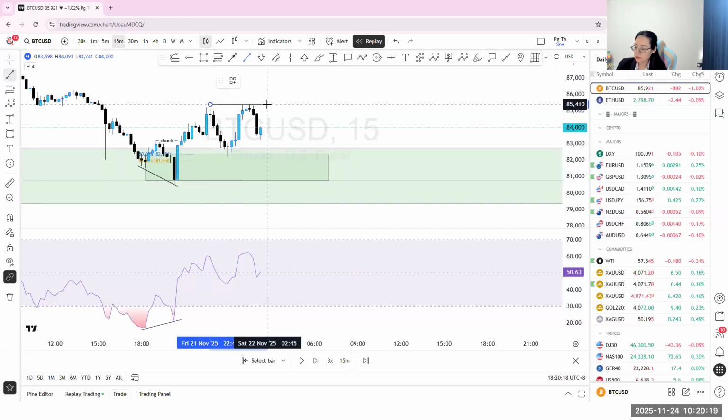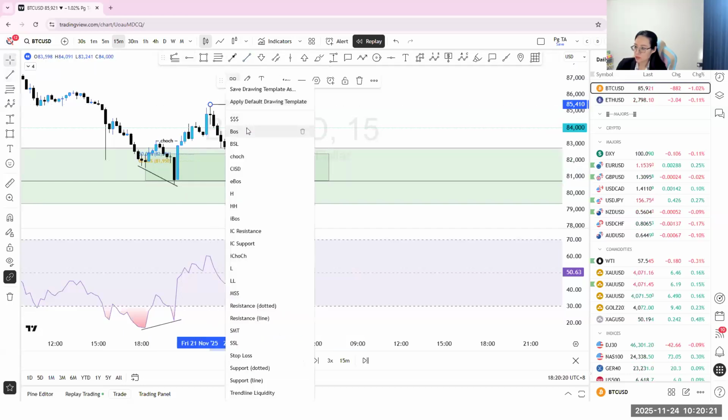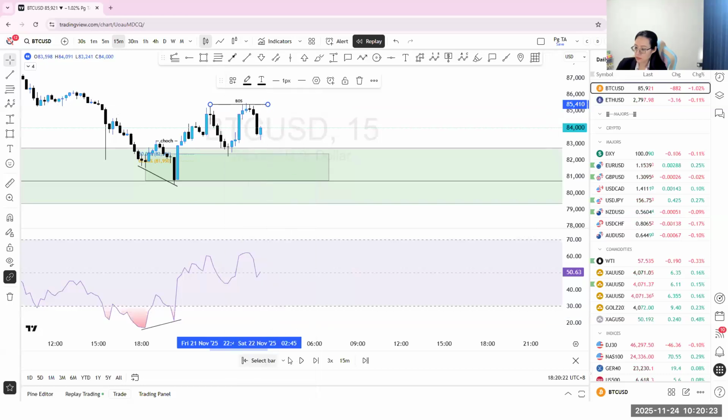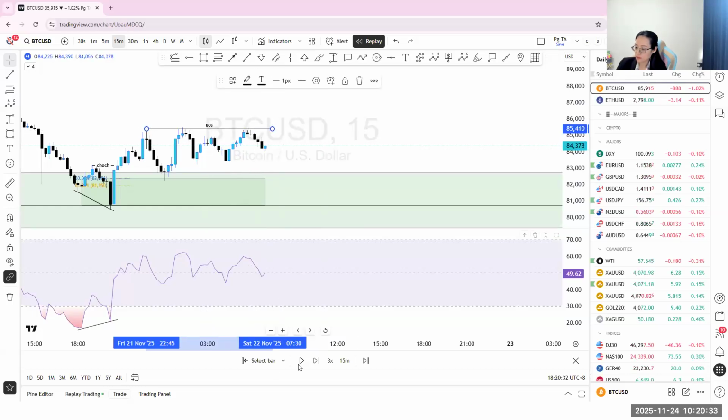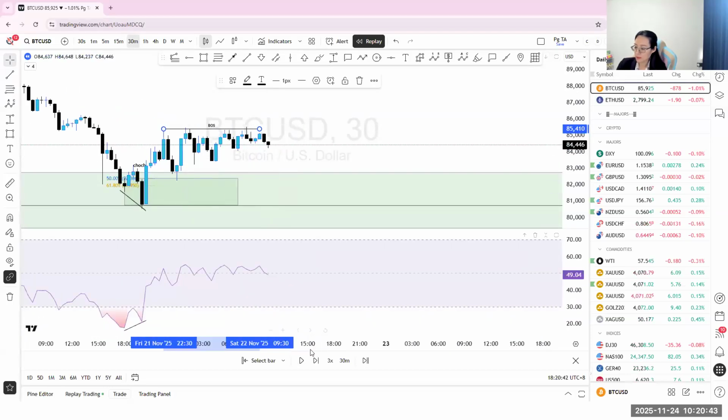And now the body needs to close below to make the ranging. It was ranging on M15, sideways.